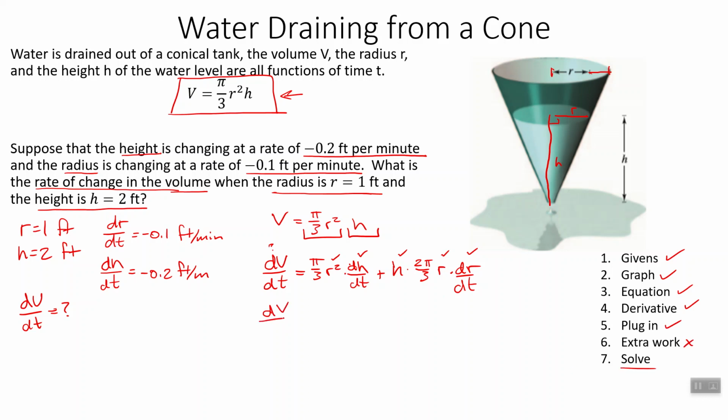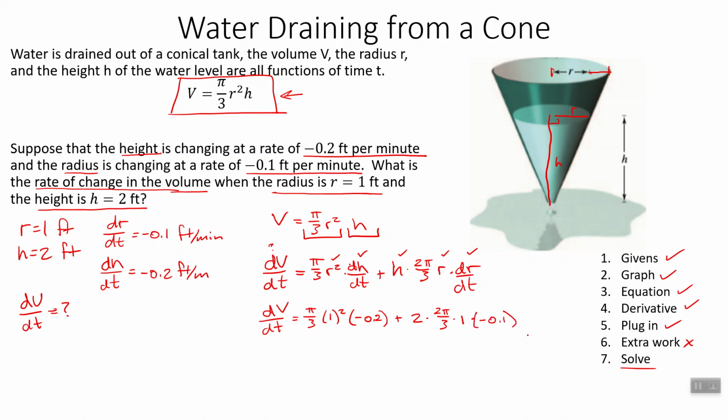So dV/dt equals pi over 3 times r squared, which is 1, times dh/dt, which is negative 0.2, plus h, which is 2, times 2 pi over 3, times r, which is 1, times dr/dt, which is negative 0.1.